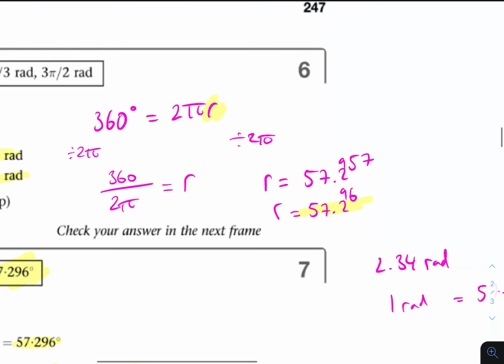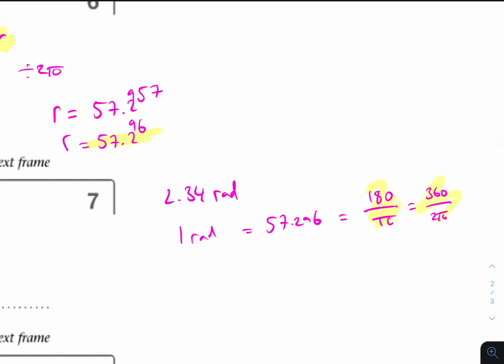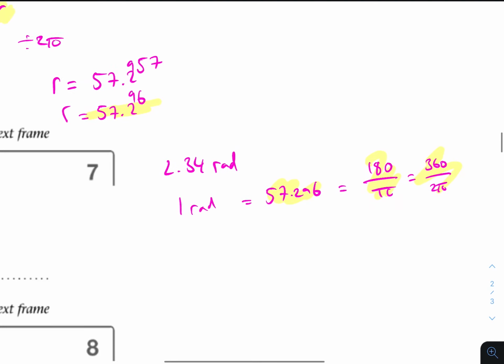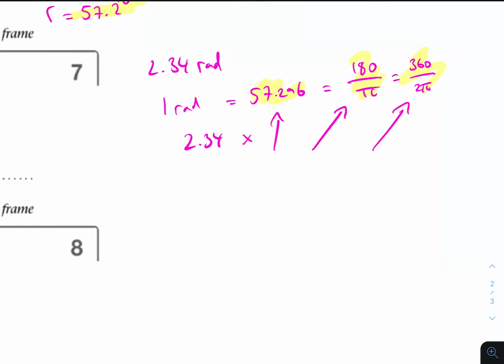This is what we just showed here. 1 radian is equal to 360 over 2 pi, or 180 over pi. Doesn't matter, these are all the same things, also 57.296. So we could just do 2.34 and multiply it by either this, this, or this. The convention is to multiply it by this. That's what most people do, so we'll do the same.